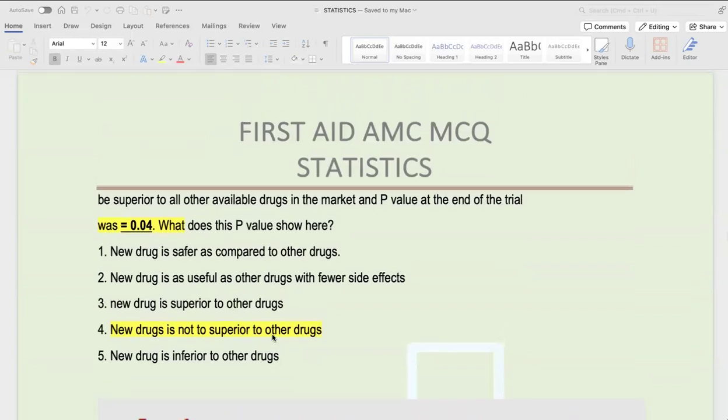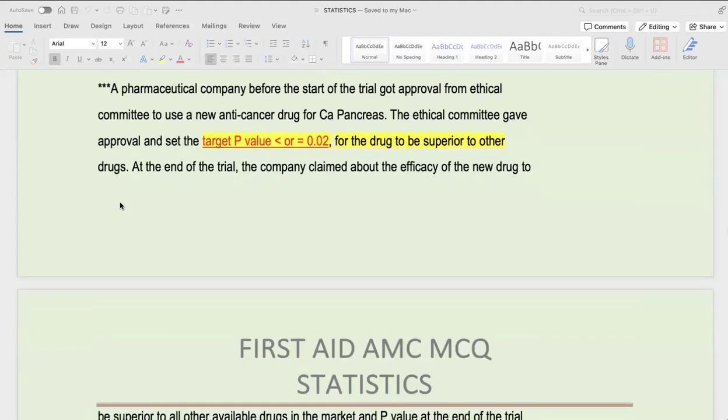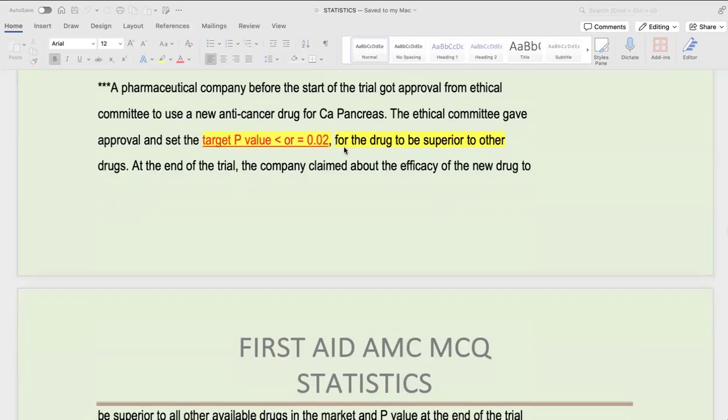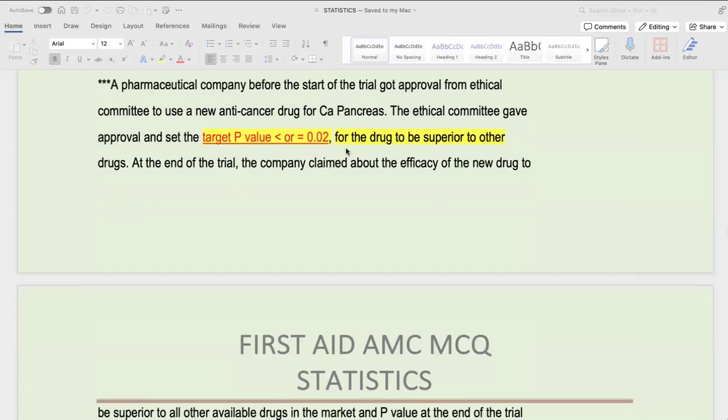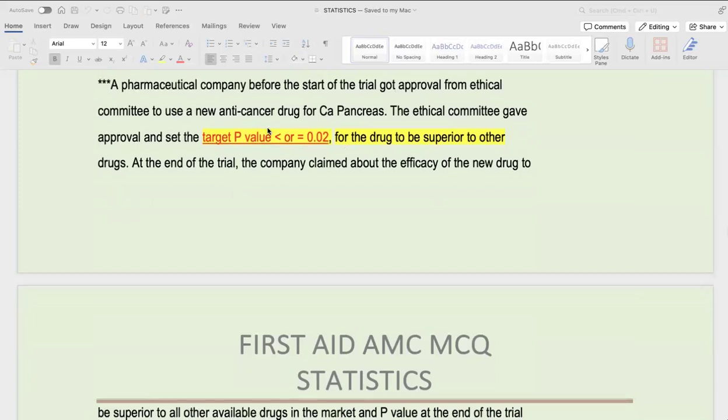Now remember one thing, that this study was done to know whether this drug was superior to other drug. That is the only thing that we can comment. We don't know if this drug is as effective as other. We don't know if this drug is inferior to other. We only can find out whether this drug is superior from this study.